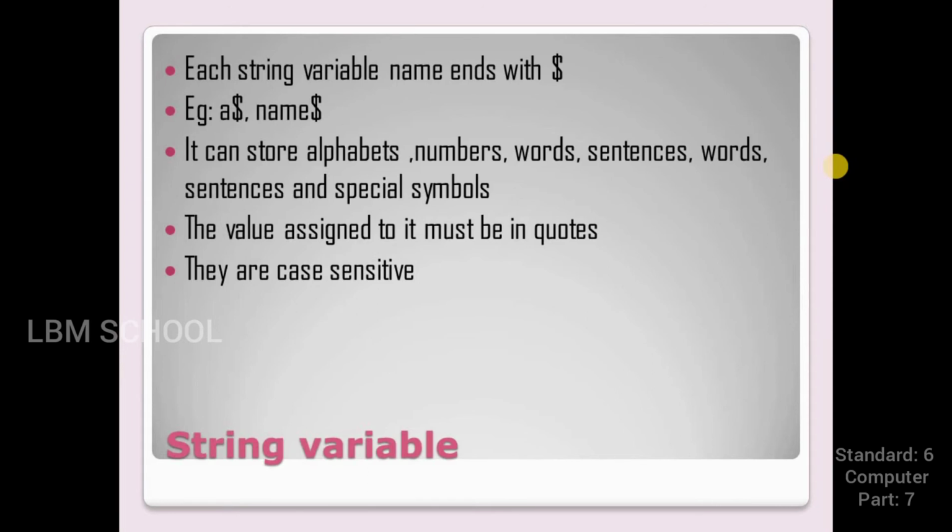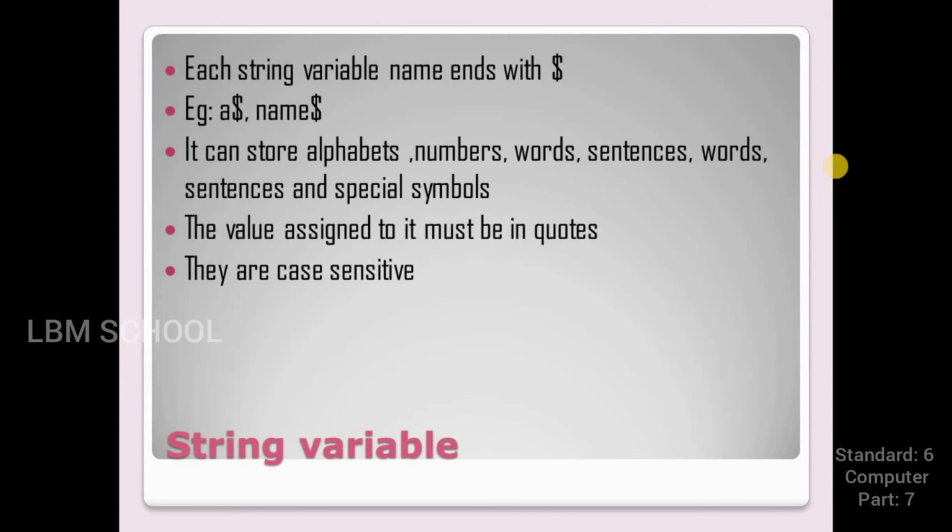That variable name will end with the dollar sign. Does the numeric variable end with a dollar sign? No. Only the string variable will end with the dollar sign. Example: A$, name$.